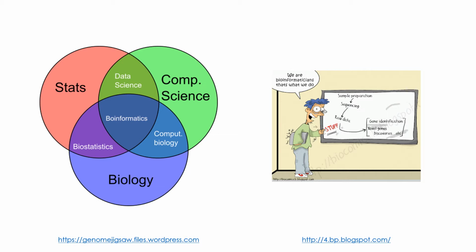Using these computational and statistical tools, bioinformaticians take up the raw data and analyze it, and on the basis of that analysis we are then able to identify certain new genes or novel gene discoveries, and we can also study different biological processes.